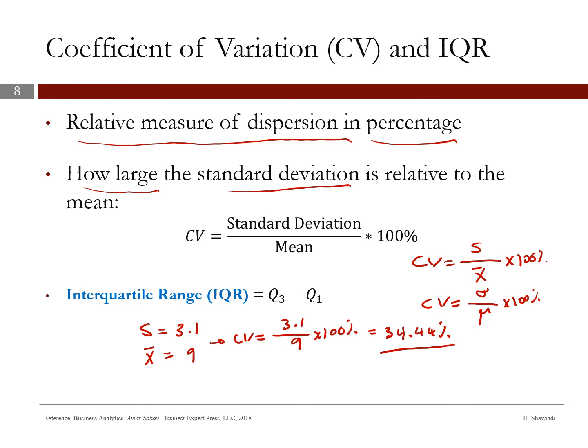They are not comparable. In that case, you need to normalize the data sets, or you can use the coefficient of variation. Since it's in percentage, we can use this in that case. Okay, thank you.